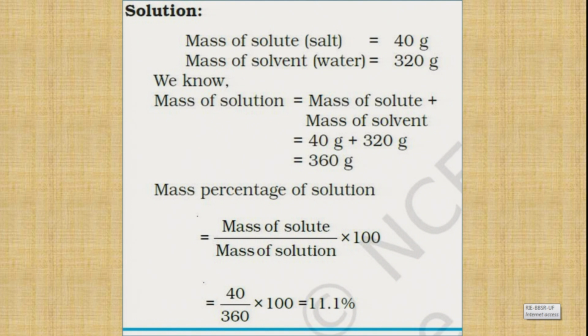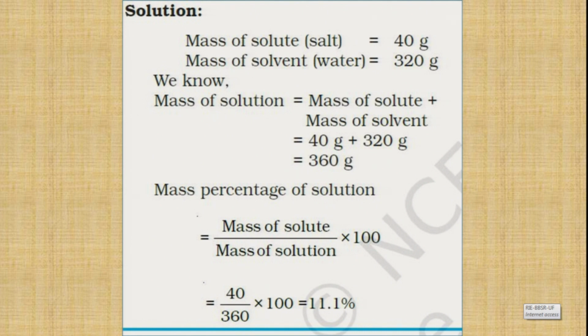As you know, from the question we can note that mass of solute is 40 gram, mass of solvent is 320 gram, and as all of you know, mass of a solution will always be the sum of mass of solute plus mass of solvent. That means mass of solute is 40 gram, mass of solvent is 320 gram. So together the mass of the solution becomes 360 gram.